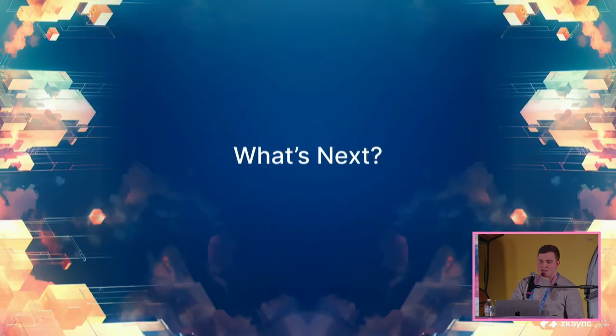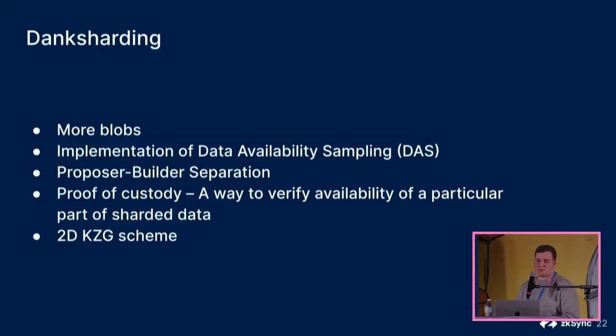And so going into what's next for ZK Sync, right now, as I mentioned, we support 2 blobs, but in the future, we plan on supporting any number of blobs as the number of blobs overall supported per block increases from 6 to 64. But also with dank sharding, we have more coming: the implementation of data availability sampling, so each individual node at the consensus layer won't have to store all the blobs, but can just store a certain part.